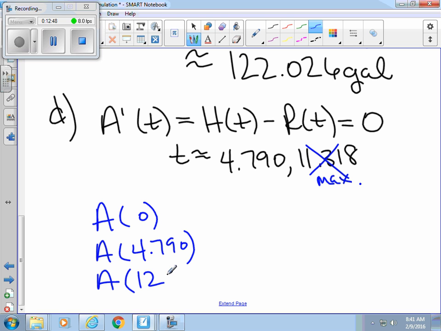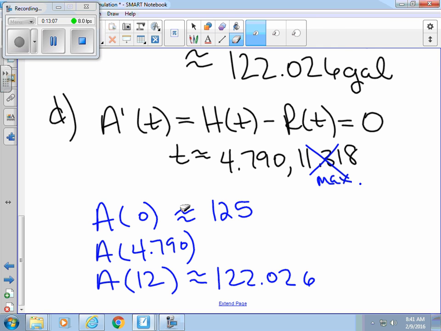Luckily, I already know this one. If you found this incorrectly but used it, AP will give you credit. That's exactly 125. So I knew those two already, so I only need to find one other one.